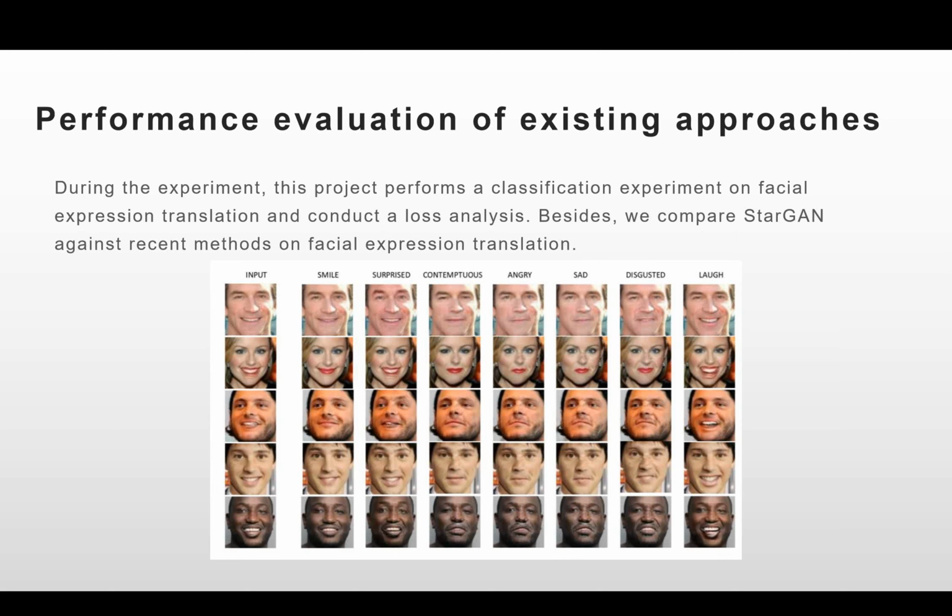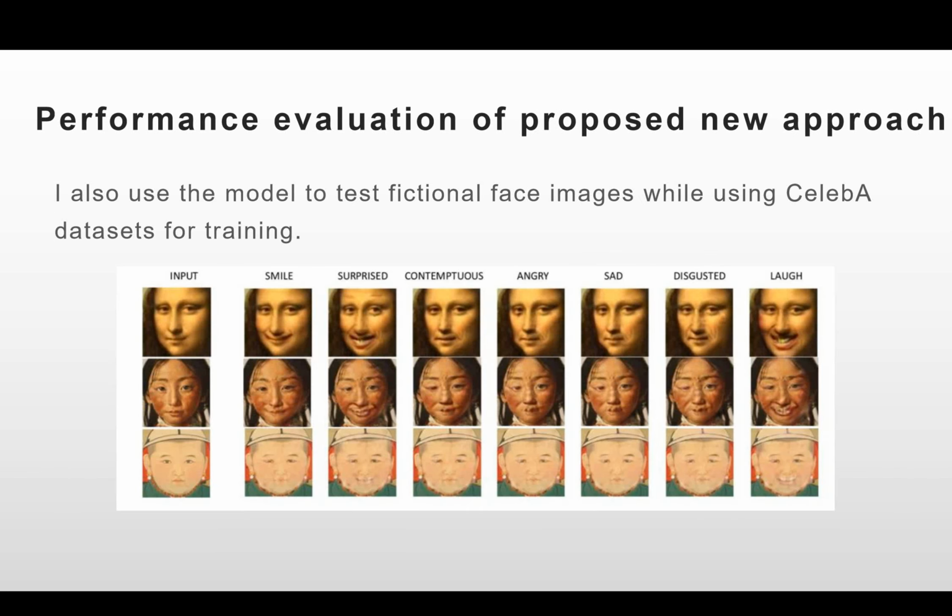In other words, our trained model flexibly translates the image according to the label of the target domain rather than a fixed translation, which is easy to overfit. This enables our model to learn reliable features that are generally applicable to multiple image domains with different facial attribute values. I also use the model to test fictional face images while using the CelebA dataset for training.